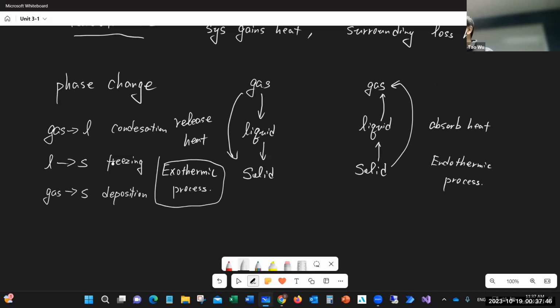For the other three over here: solid to liquid, this is called a vaporization. Oh, sorry, I think I wrote it wrong.